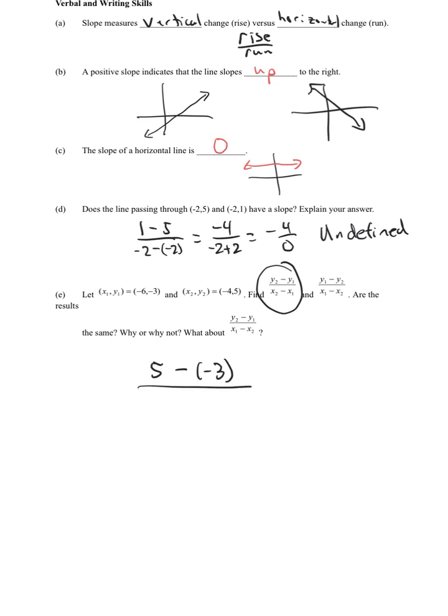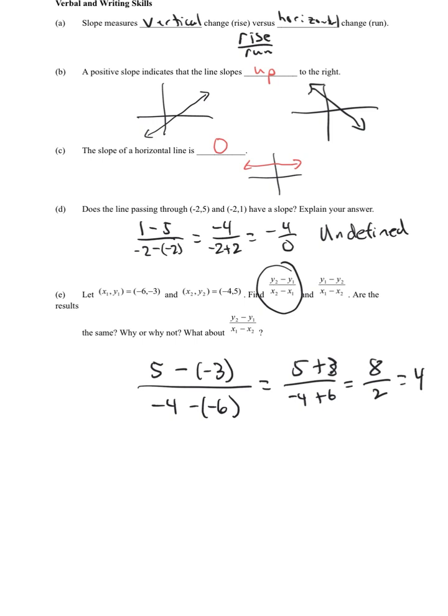That's the difference in the y's. And then I got to go back to that second point, -4 minus -6. And in this case, that would be 5 plus 3 over -4 plus 6. So that would be 8 over 2, which is 4.